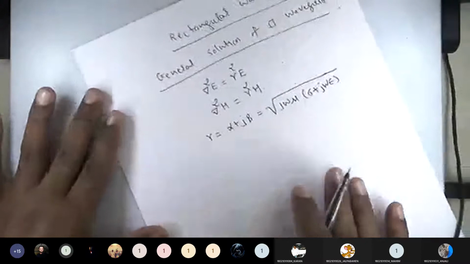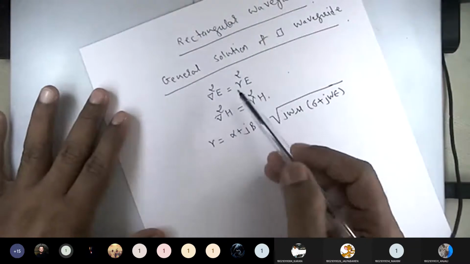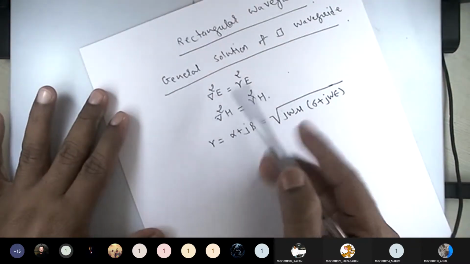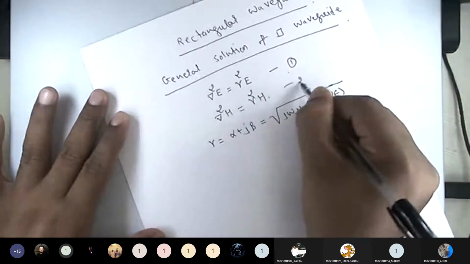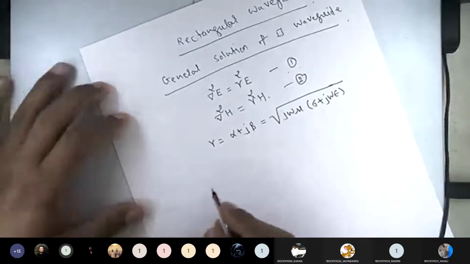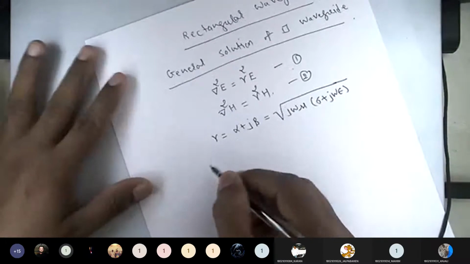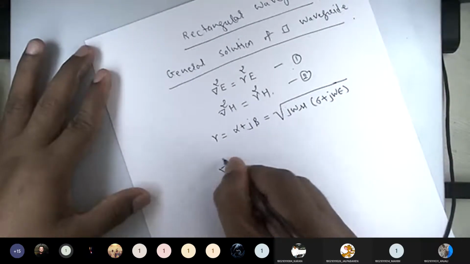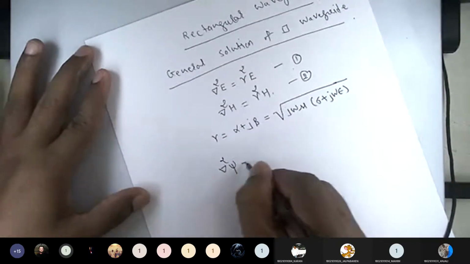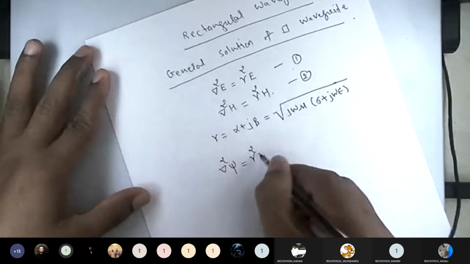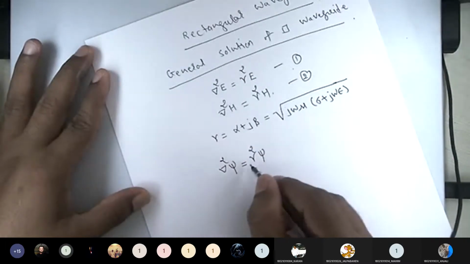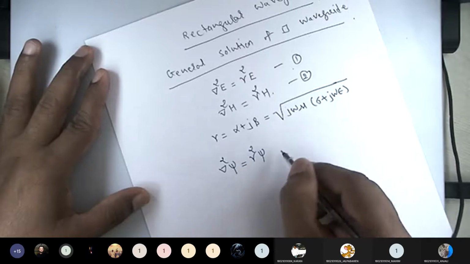So our objective was to obtain the general solution of these two equations, 1 and 2. For that, we used another variable, for example psi, and we replaced both equations by del square psi equal to gamma square psi.